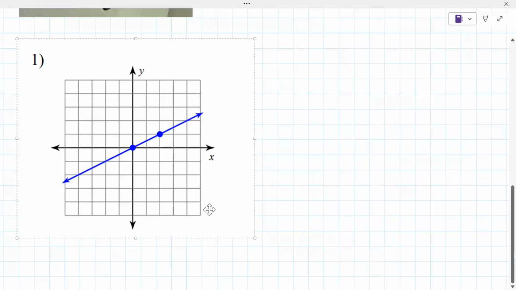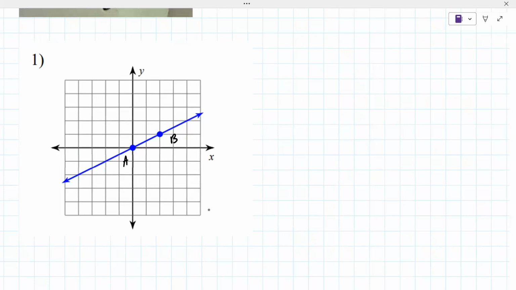So here's the graph. Again, there's typically 2 points. We'll call them A and B. Okay. And hopefully this is large enough that on your screen you can see what I'm referring to here. So to go from A to B, how many units up do you go? How many can you see there? One up.